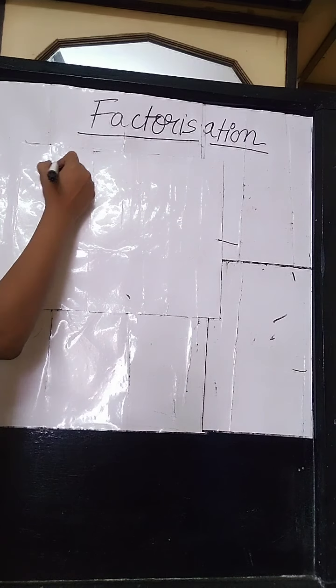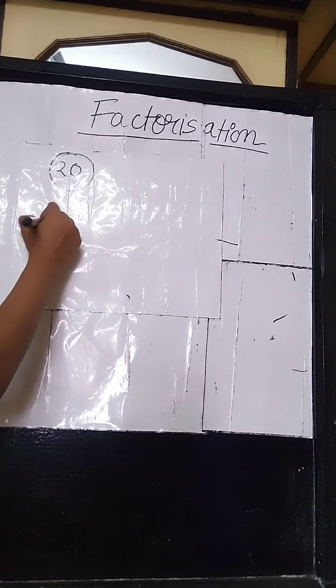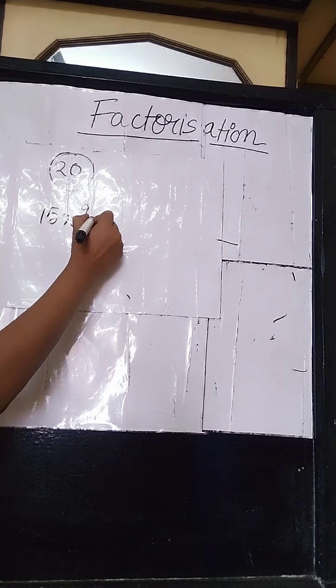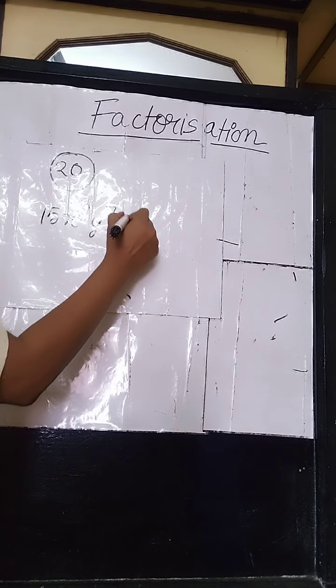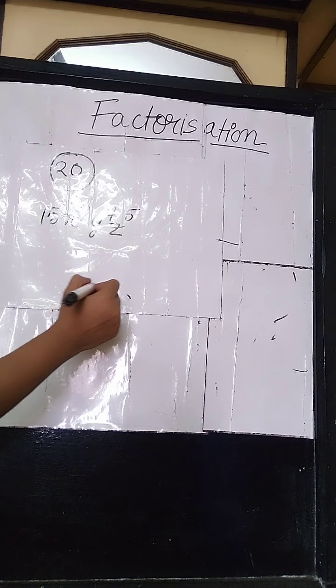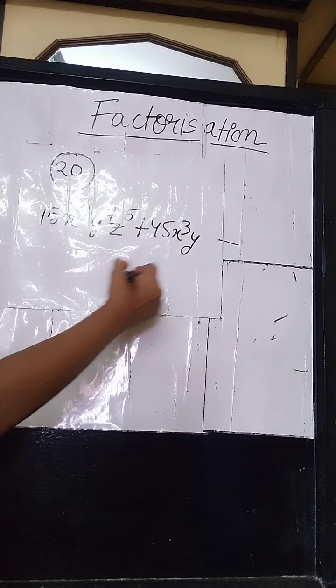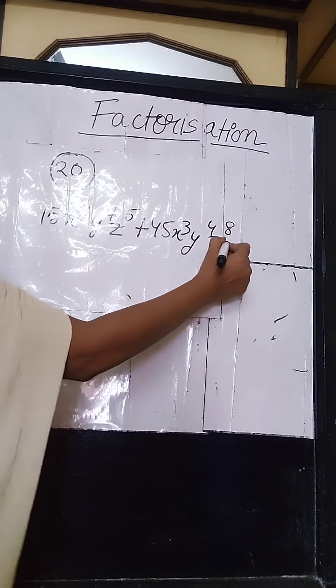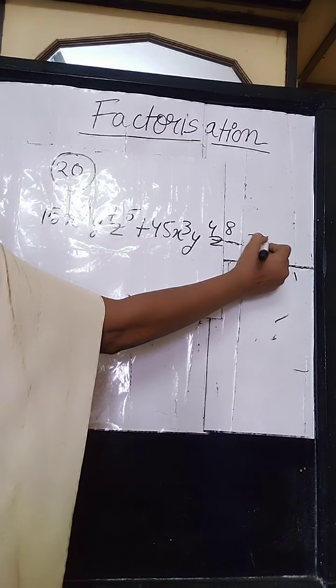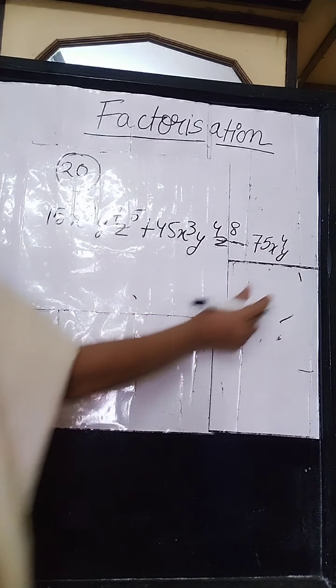It is given that 15x to the power 9 y to the power 7 z to the power 5 plus 45x cube y to the power 4 z to the power 8 minus 75x to the power 4 y cube z cube.